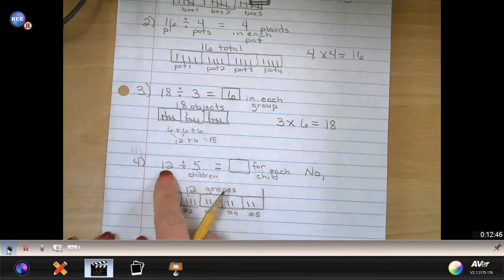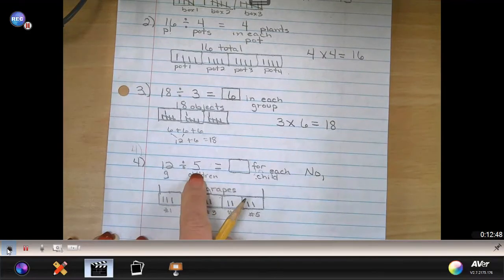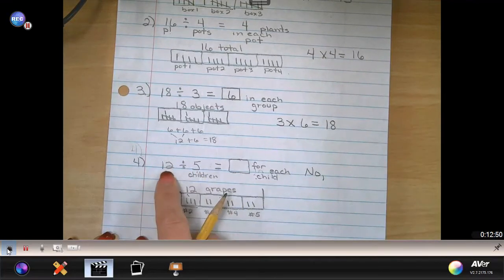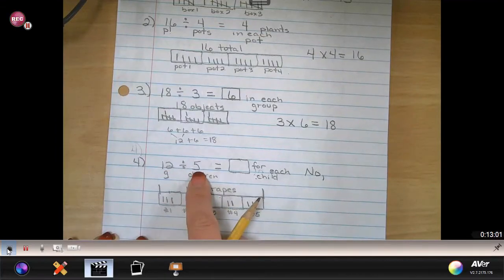And since 12 is not a multiple of 5, we should know that 12 is not going to be a dividend that we can use to break apart 12 into 5 equal pieces or 5 equal parts.